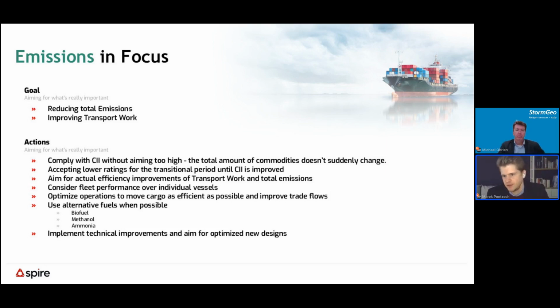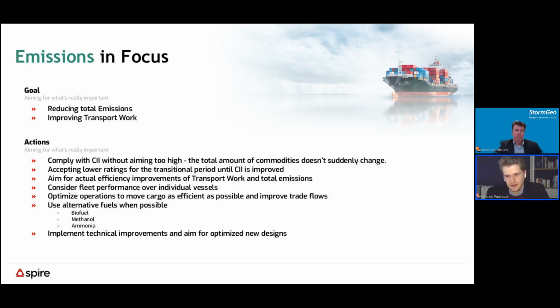So it might be worth accepting lower ratings, at least for this transitional period, until potentially further correction factors and adjustments to CII are introduced by the IMO that allow for maybe more precise evaluation of the efficiency of the vessel, like, for example, looking at transport work and total emissions.